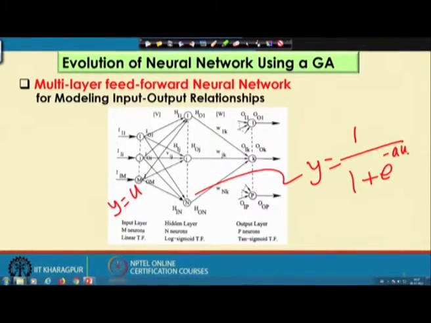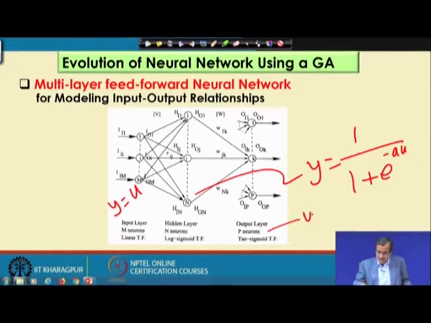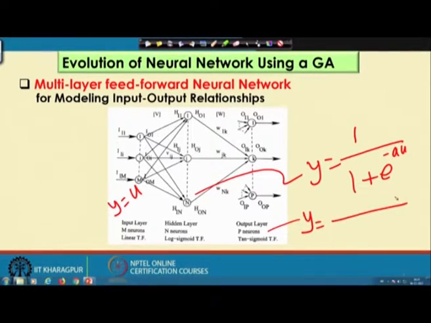On the output layer I am going to use the tan sigmoid transfer function, and for this the expression I have already written: e raised to the power a u minus e raised to the power minus a u, divided by e raised to the power a u plus e raised to the power minus a u.